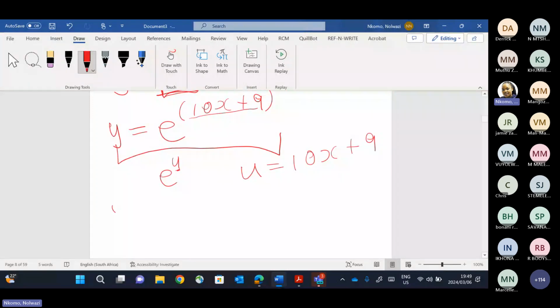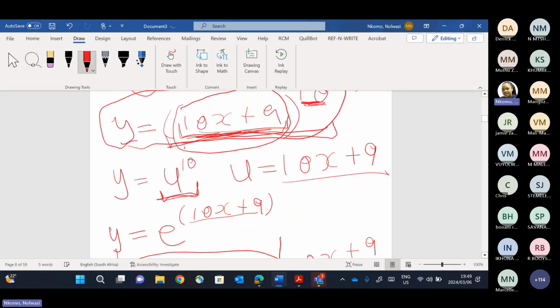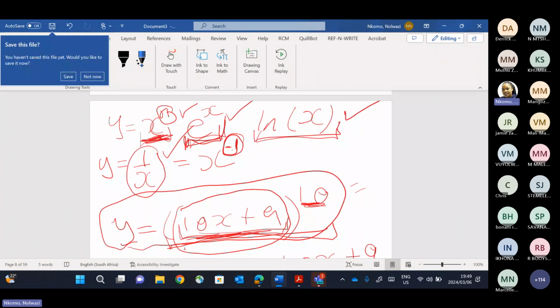Again, if you have y equals ln of 10x plus 9, you need to write this function in this form for you to be able to use one of our rules.